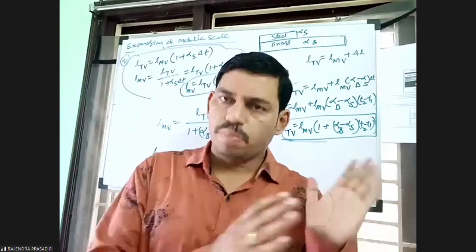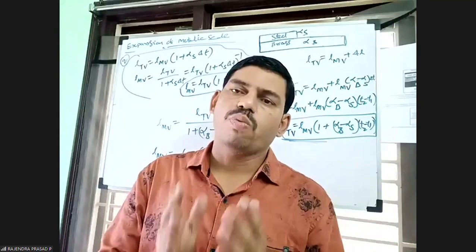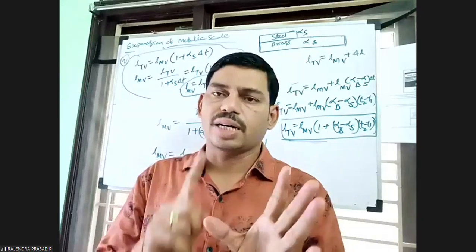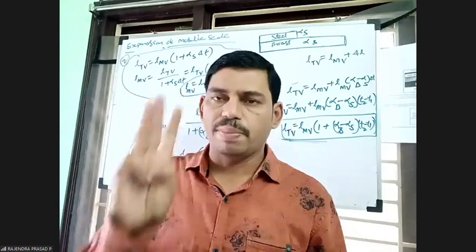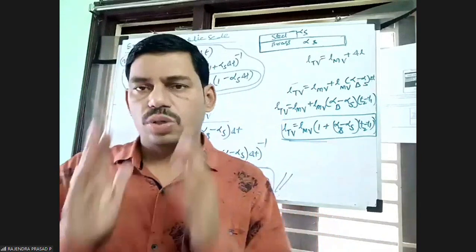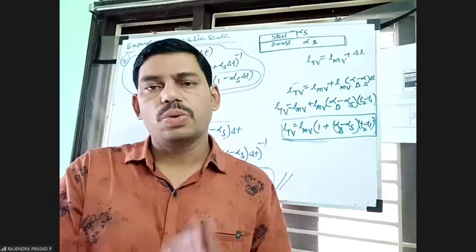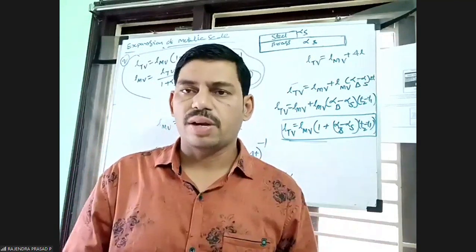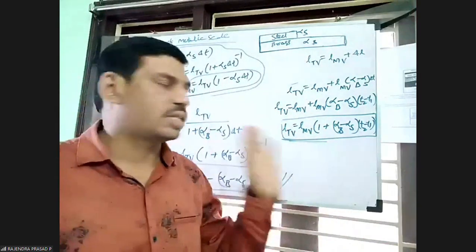Same as the previous one, L true value equals L measured value into 1 minus alpha delta T. Added, subtracted, delta L is added or subtracted, or only delta L. So we have three main cases of error. Temperature increases, error added to measured value. Temperature decreases, error subtracted from measured value. These three are very, very important. The additional information is the fourth case.